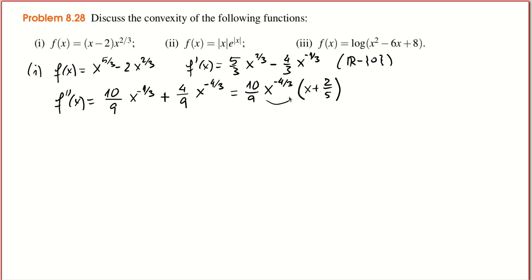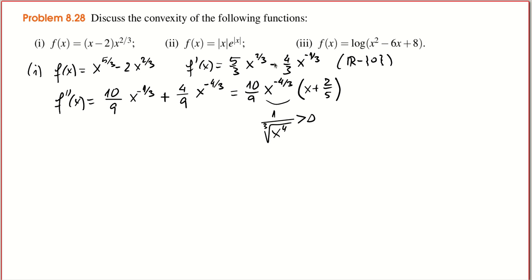But this term is no problem because actually this is 1 over the cubic root of x to the 4. Whatever the sign of x, x to the 4 is always positive, so this number is always positive. Of course, it is not defined at 0 because the derivative is not defined at 0 either, right? So clearly the second derivative cannot be defined at 0.